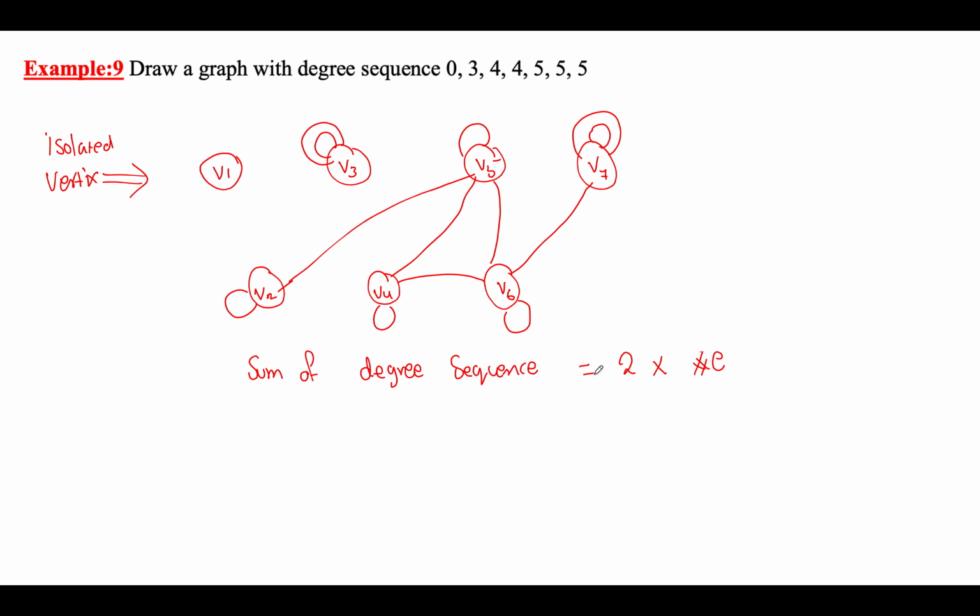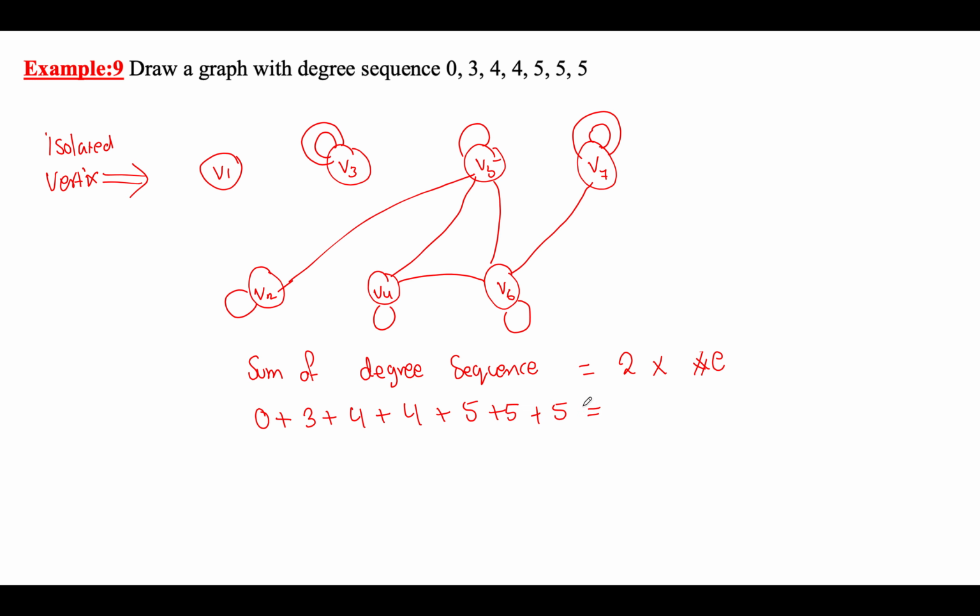Now let's check if this rule applies in our graph here. First, let's add the degree sequence: 0 plus 3 plus 4 and 4, 5 and 5 and 5.